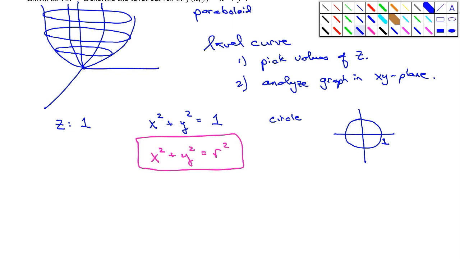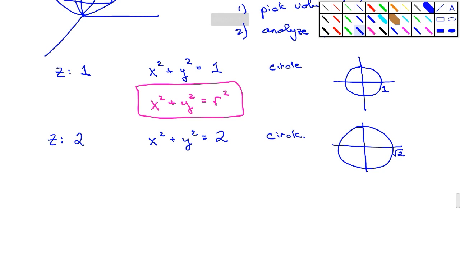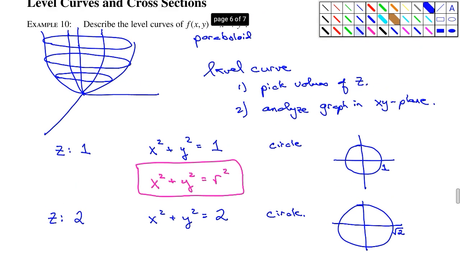All right, let's pick another value of z. Let's pick 2. So we get x squared plus y squared equals 2. Well, that's another circle. Its radius is the square root of 2 because of the way that the formula of a circle is written, but it's still a circle. And in fact, every time you have a positive z, you get a circle right back here for whatever z value that you want.